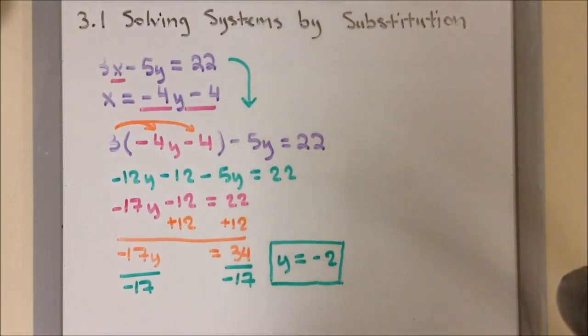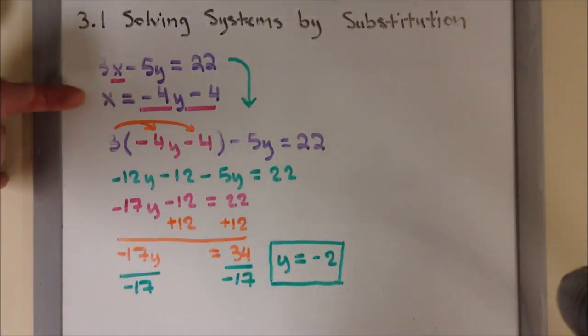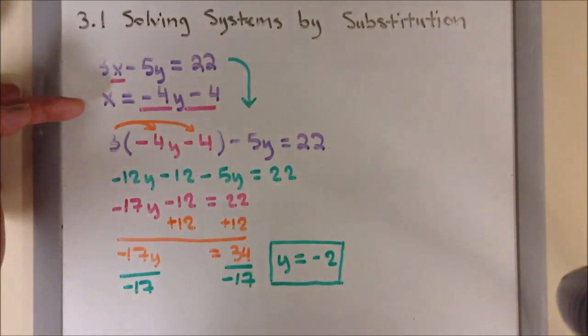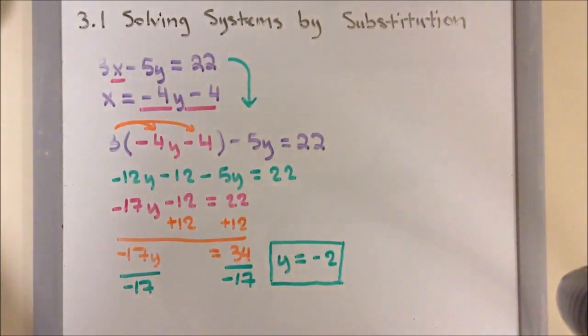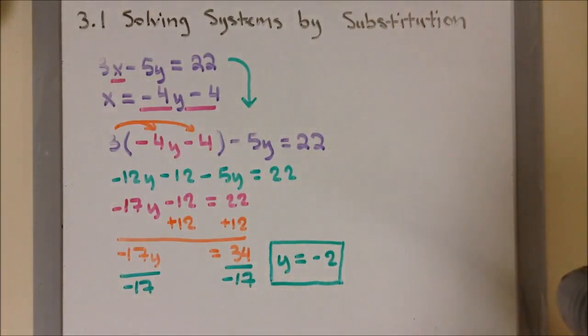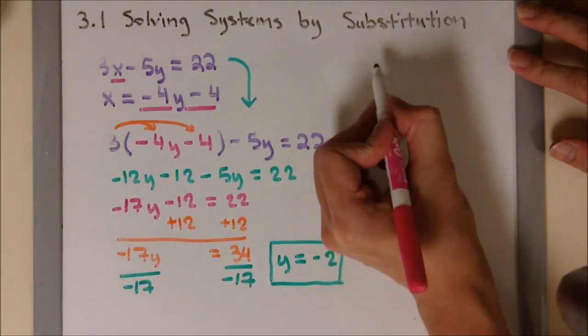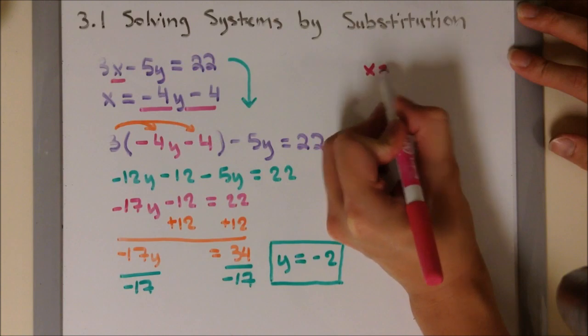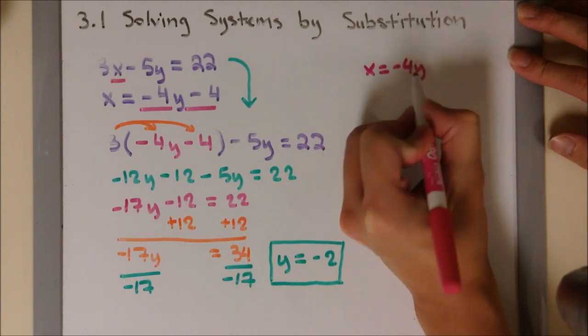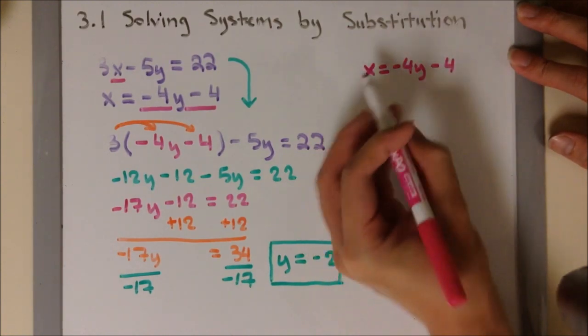Now, we're going to solve for x. I'm going to use the second equation because x is by itself. By plugging in the y value, what number we get will automatically be the value for our x. So I'm going to write it up here. x equals negative 4y minus 4.